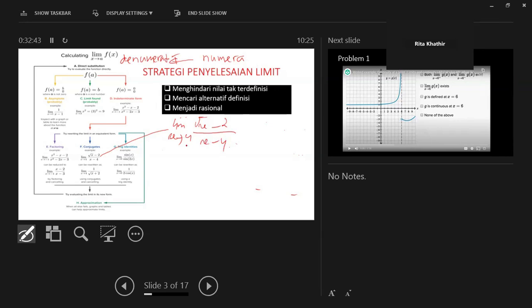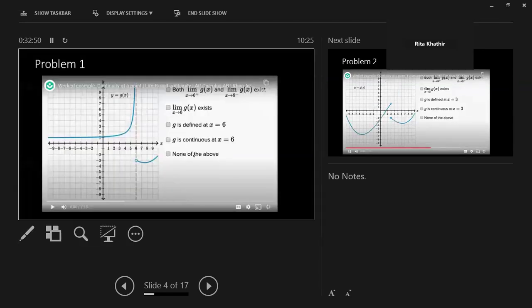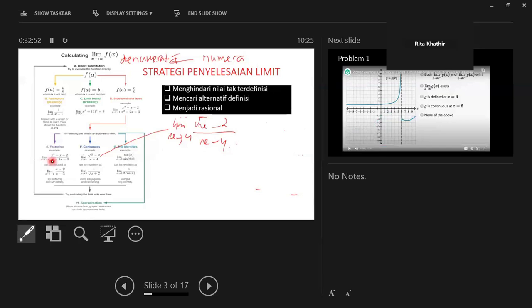If you substitute directly x to be 4, then you have 4 minus 4. That is 0. Avoid over 0. So now you can do conjugates.